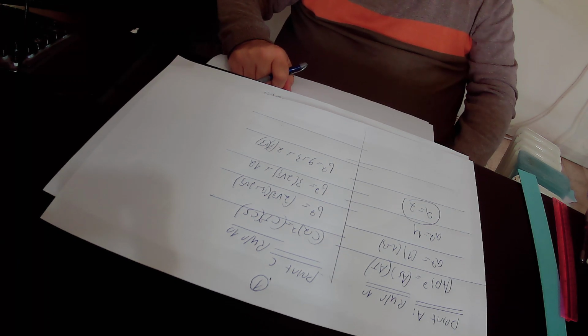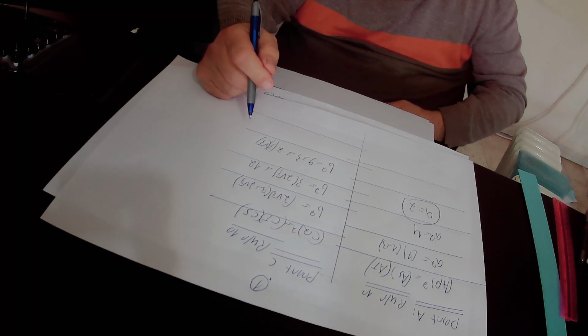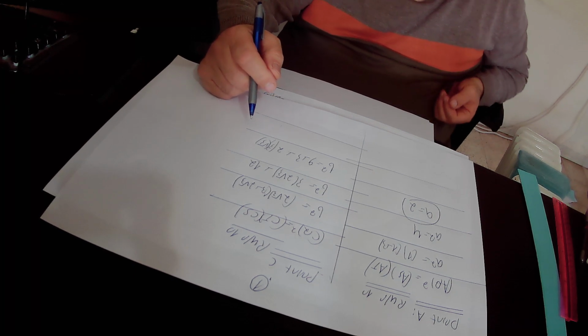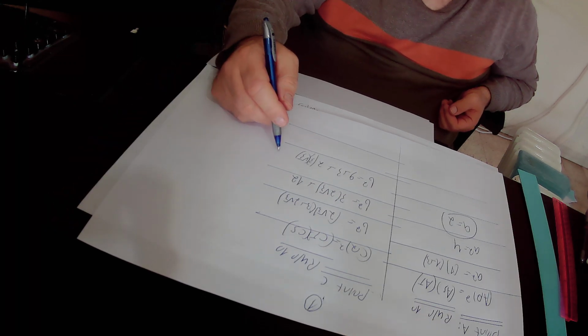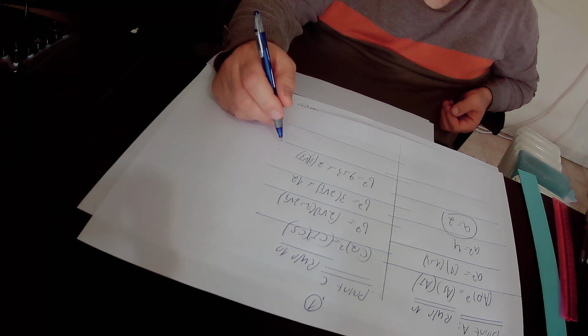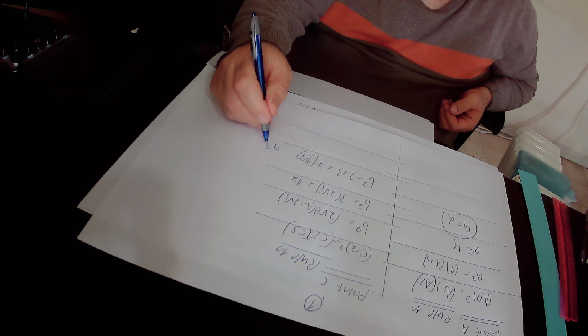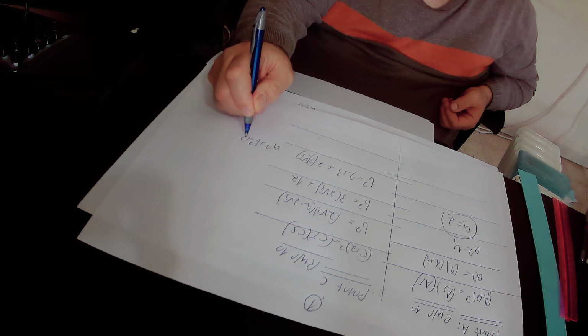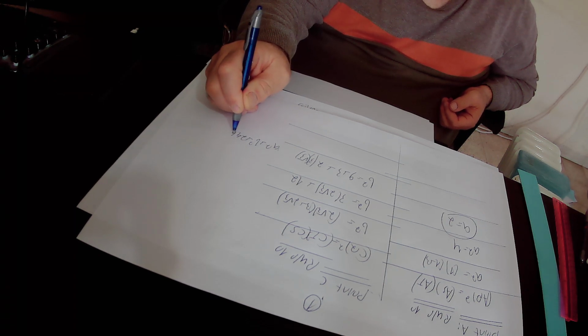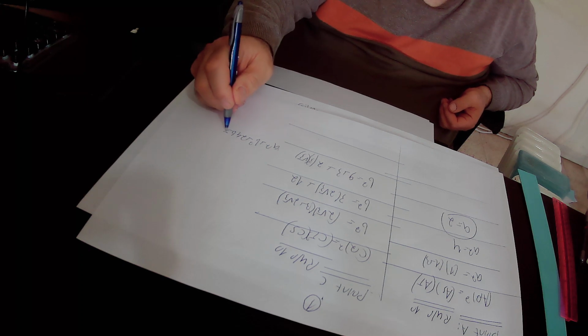So this equation is very similar to the algebraic identity that states that a squared plus b squared plus 2 times a times b equals a plus b squared.